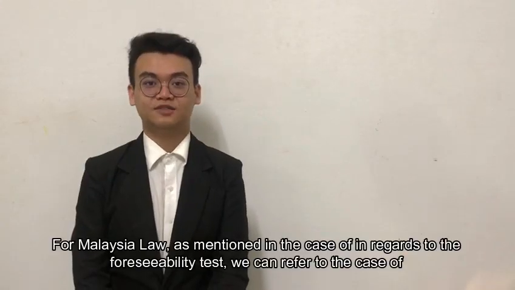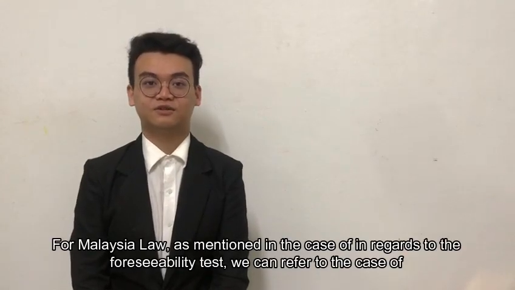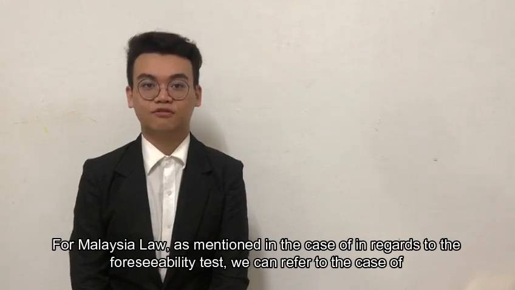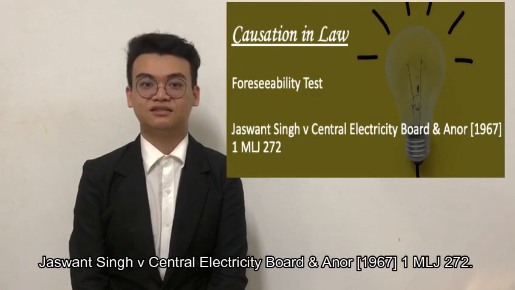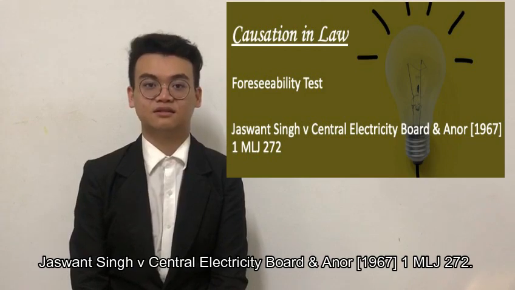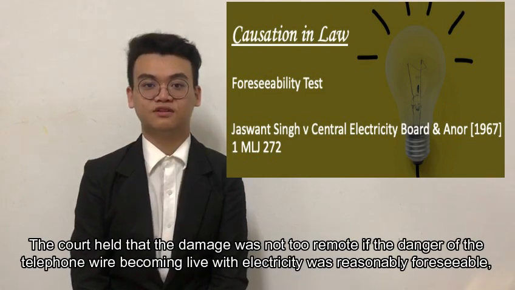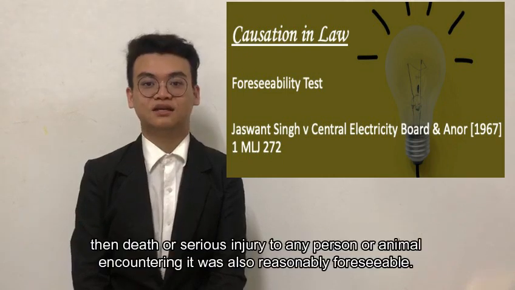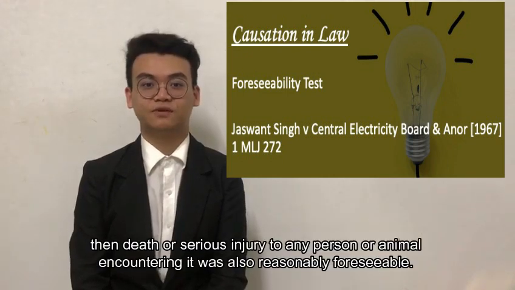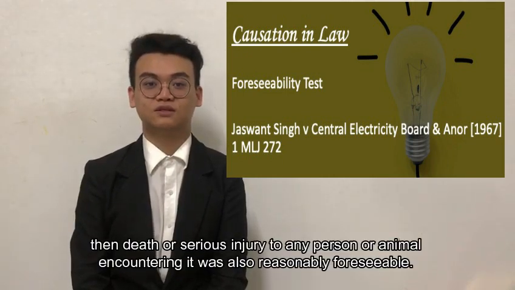For Malaysian law, in regards to the foreseeability test, we can refer to the case of Jaswant Singh against Central Electricity Board and another 1967. The court held that the damage was not too remote if the danger of the telephone wire becoming live with electricity was reasonably foreseeable. Then death or serious injury to any person or animal encountering it was also reasonably foreseeable.